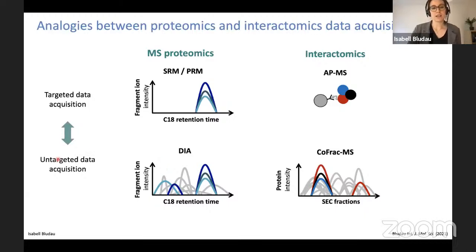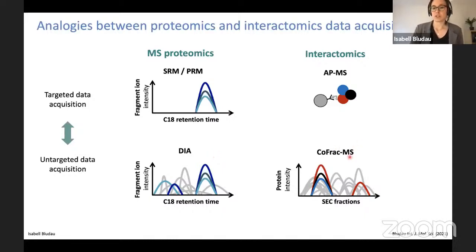On the untargeted data acquisition side, we have on the proteomics side data independent acquisition, DIA, that you've talked about already a lot over the past few days. And here the idea is that you extract peptides from an entire m/z range and co-fragment the precursors. So what you will see is that you actually have a lot of fragment ions coeluting together, and you don't have to select any specific peptides of interest prior to data acquisition.